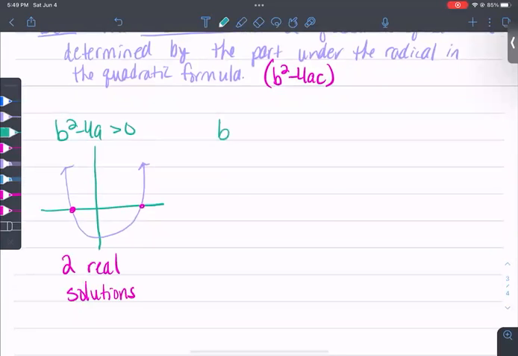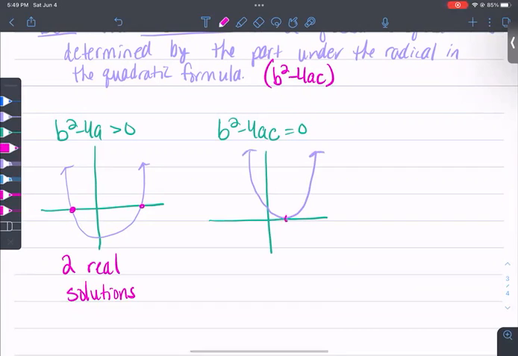Okay. If b squared minus 4ac is exactly equal to 0, that means your quadratic just comes down and touches the x-axis and goes back up. So it only has 1 real solution.